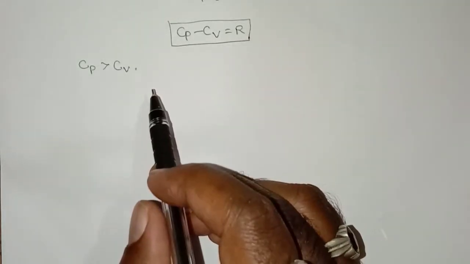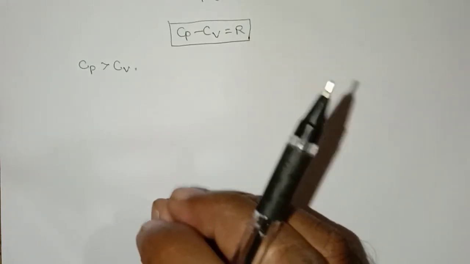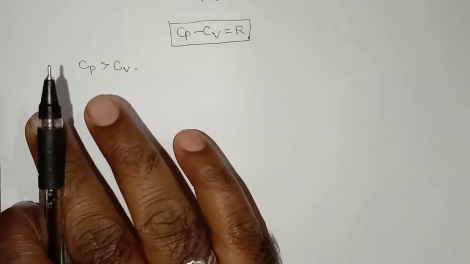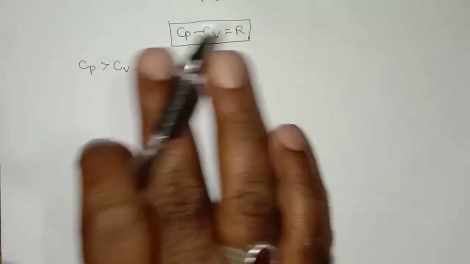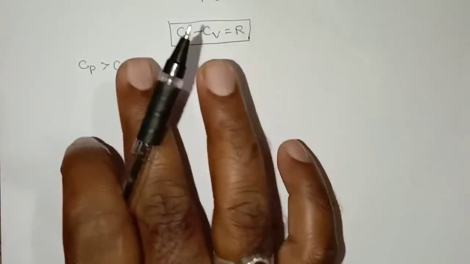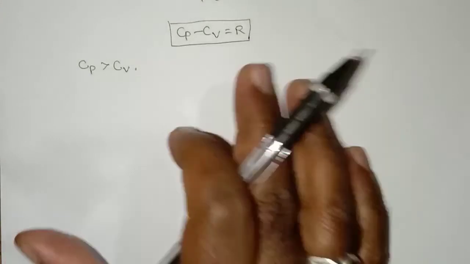If you consider a gaseous material and you are heating that gaseous material at constant volume, no external work will be done by the gas. That means when there is no change in volume, there will be no exchange of heat between system and surrounding that causes change in volume.